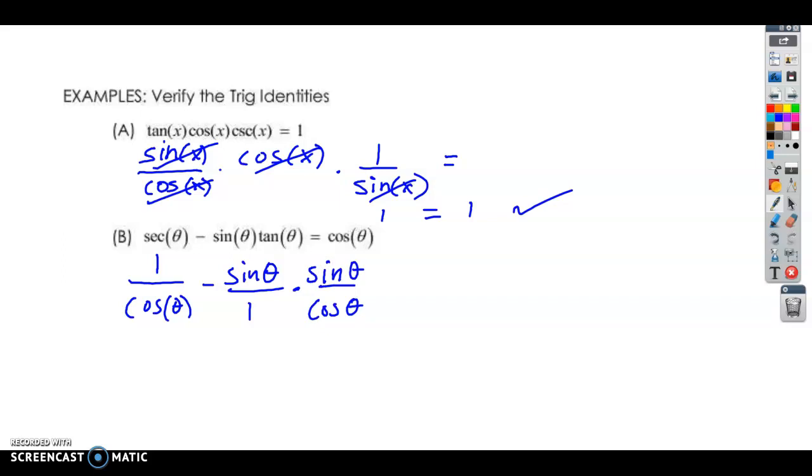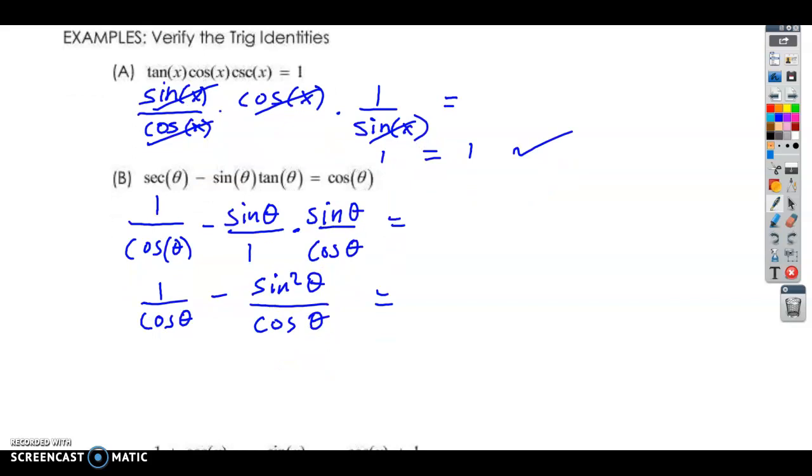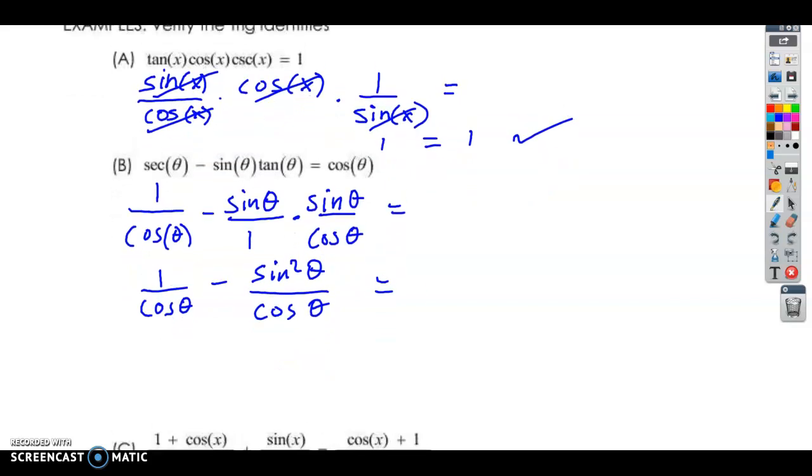Okay, so now what that says, and I've got to put my equal sign, is 1 over the cosine of theta minus sine squared of theta over the cosine. Well, now I've got 2 fractions that have the same denominator, and I can combine them. So I'm going to rewrite that as 1 minus sine squared of theta over cosine of theta.